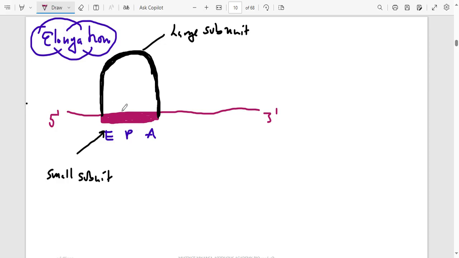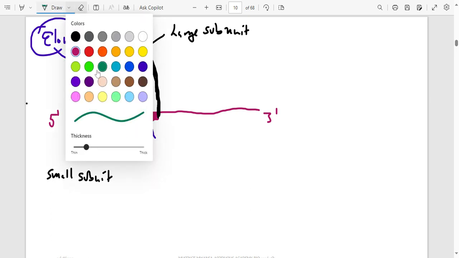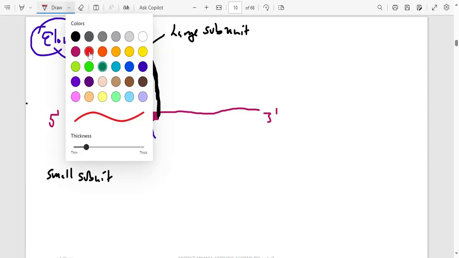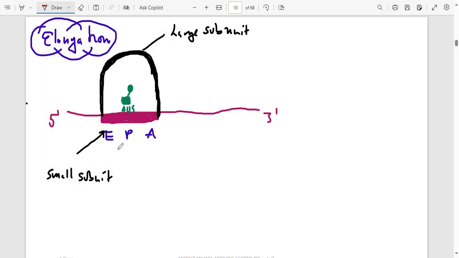In the P site, this is where we add A, U, C, like that. So the first tRNA has come here. Let's say this is tRNA. This is the first amino acid. And the name of the amino acid is methionine.